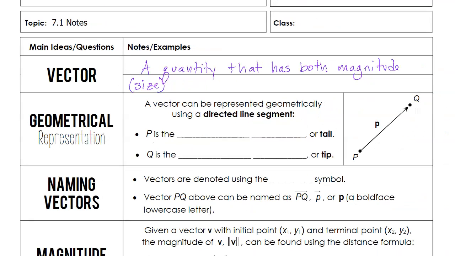So magnitude and direction. A vector is just a quantity that has magnitude, size, and direction. And in this little diagram we have over here, vector P is the initial point, and Q is the terminal point or ending point.